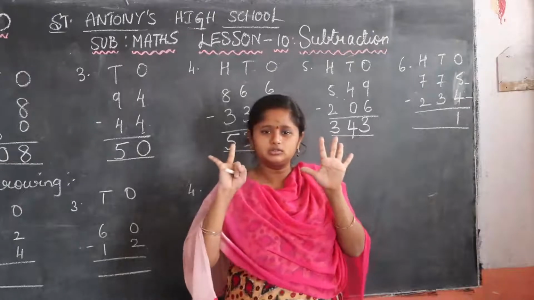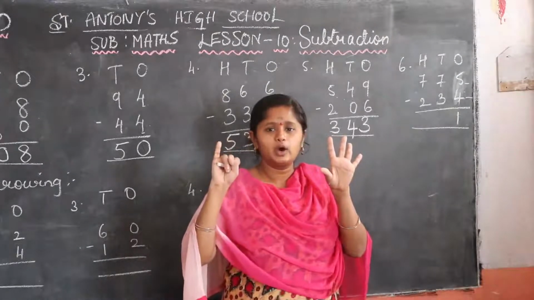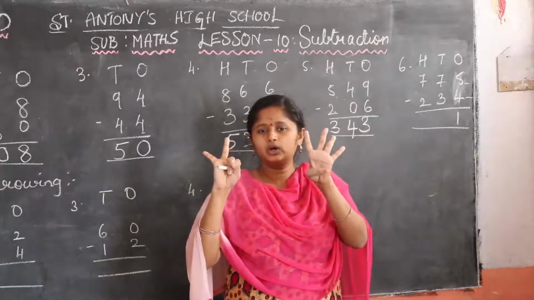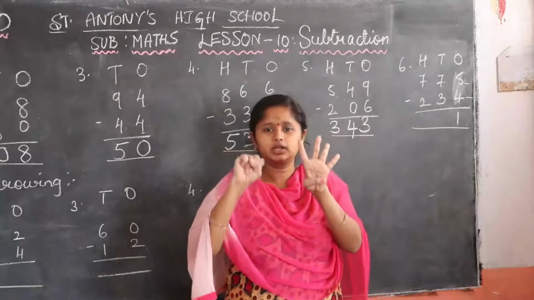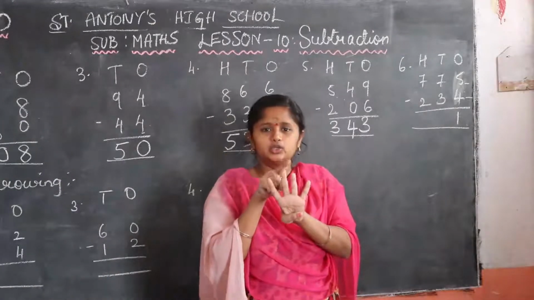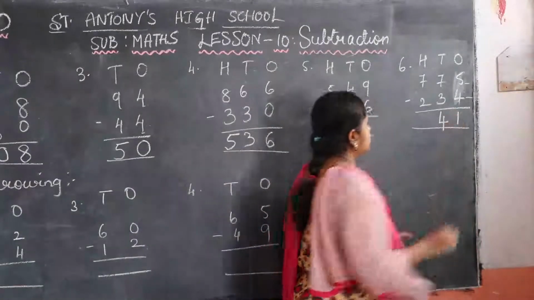Okay, 7 biscuits with you. So how much do you have to eat? 1, 2, 3. 3 biscuits you ate. So how much is left? 1, 2, 3, 4. 4 biscuits are left with you now.